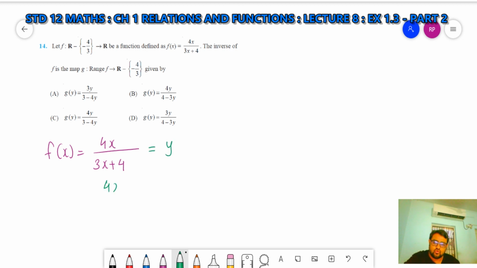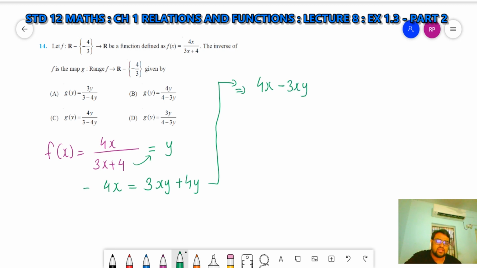So y multiplied by the denominator: 4x is equal to 3xy plus 4y. So now 4x minus 3xy, this implies 4x minus 3xy is equal to 4y. Now what can I take common? I can take x common. x times (4 minus 3y) is equal to 4y.